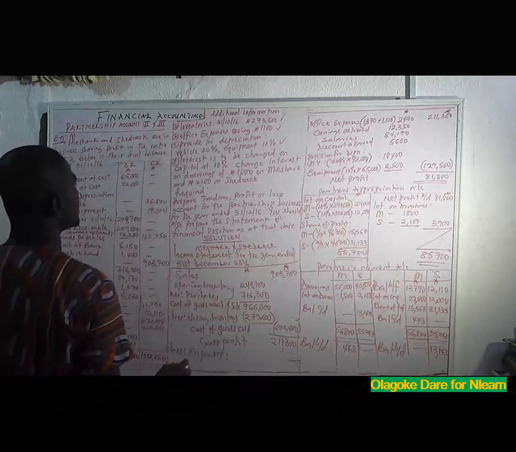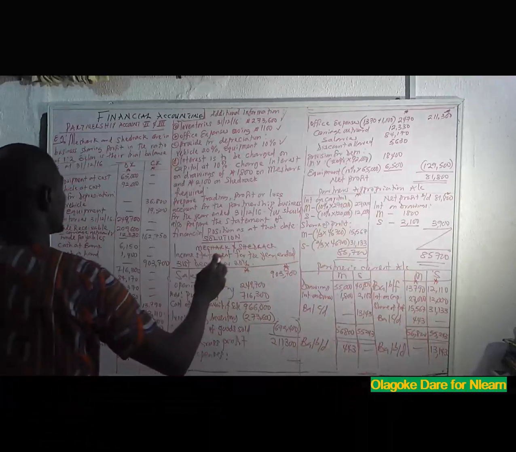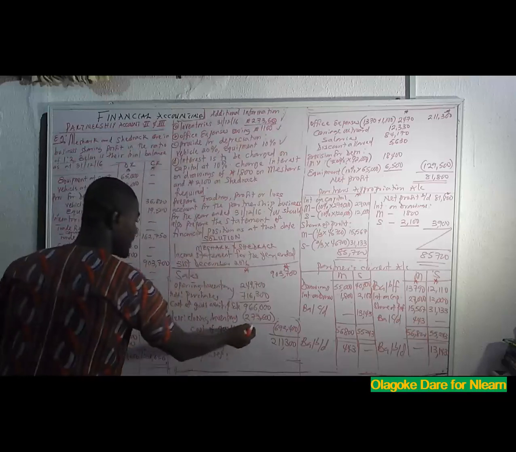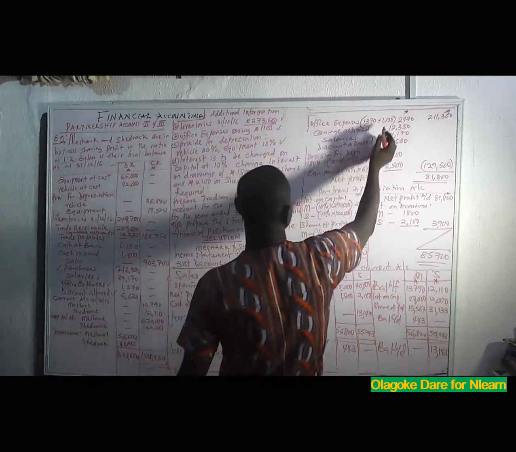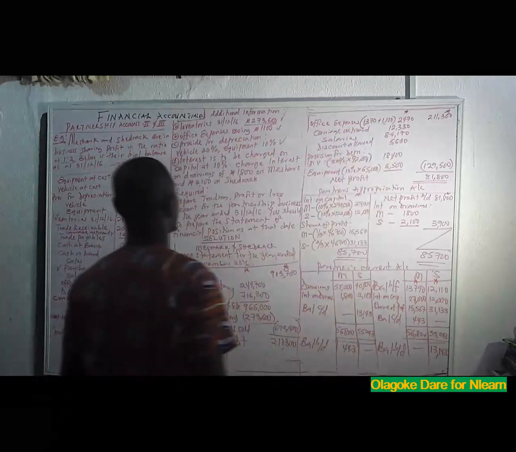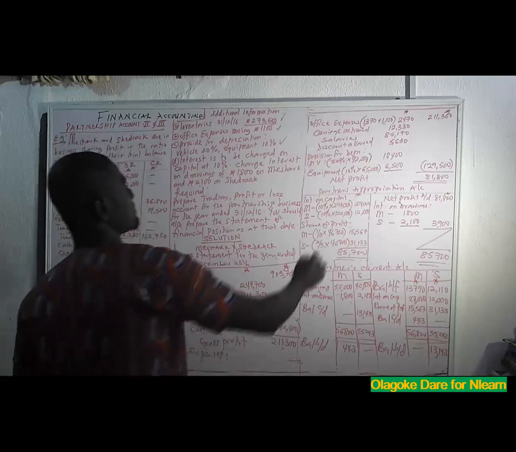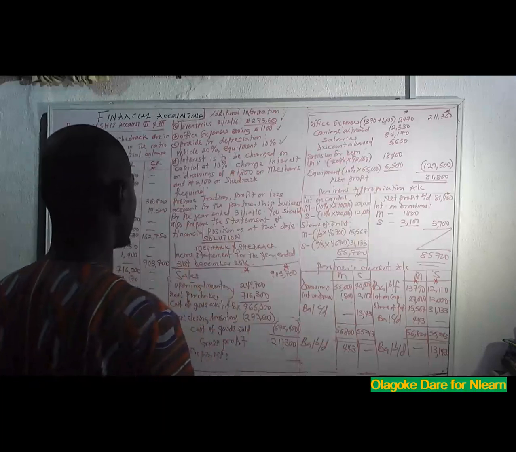What else do I need? I need my expenses owing. My office expenses owing is this. I have it. And I need my depreciation. So these are the values I need for my statement of financial position.